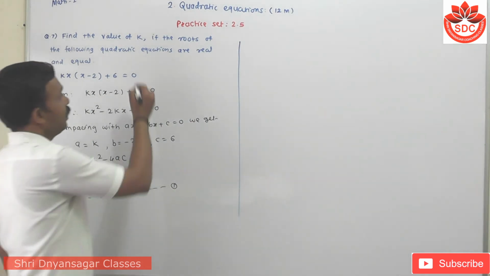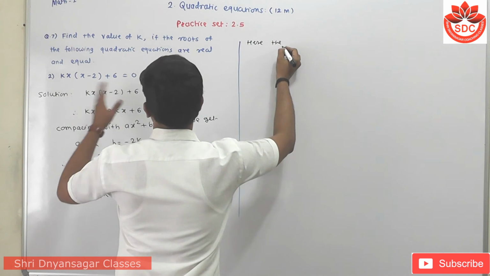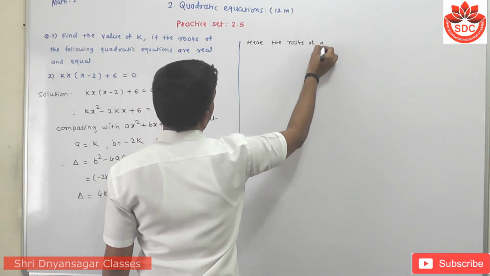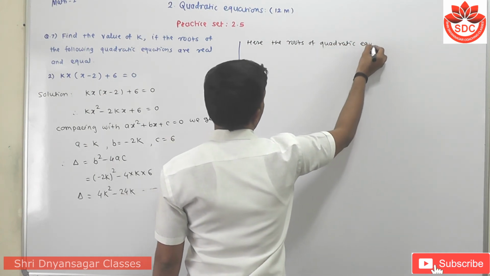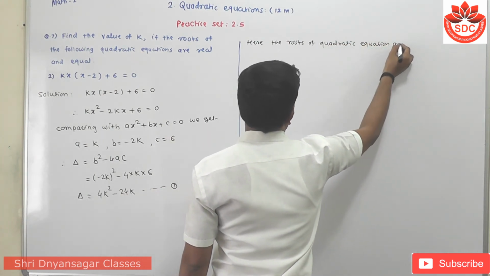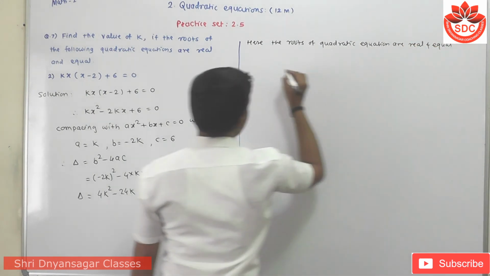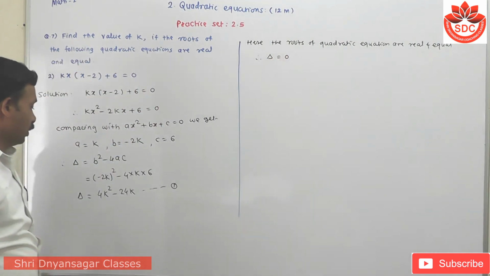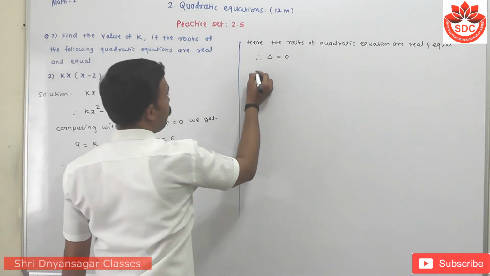Now in this equation, the roots of the quadratic equation are real and equal. That is, delta is equal to 0. The value of delta is 4k square minus 24k.